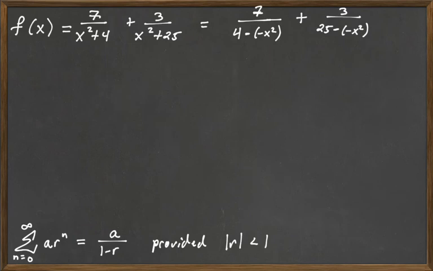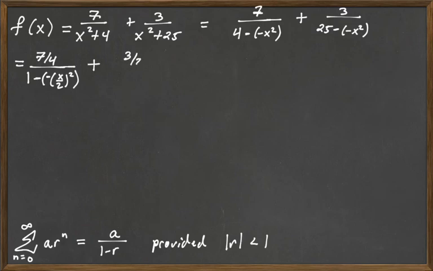Now it needs to look like a over 1 minus r. So we have the minus r part correct. Now we need the 1 in 1 minus r. So we're going to divide each of those respective fractions by 4 over 4 and 25 over 25. So it's going to be 7 over 4. 4 over 4 is 1, minus negative x squared over 4, or we could write that as negative x over 2, squared.